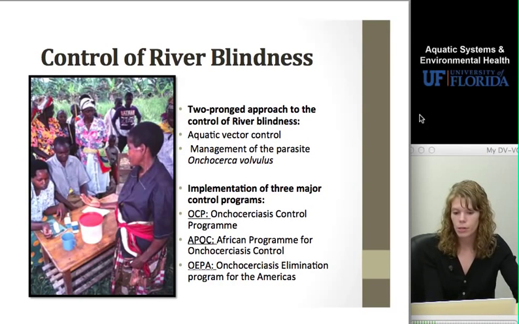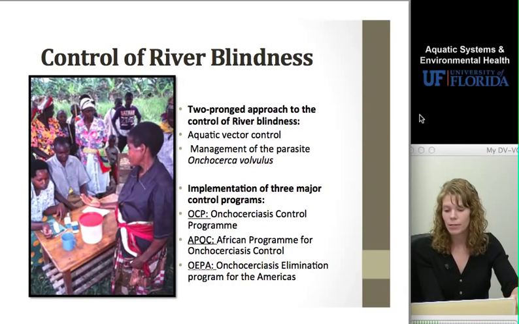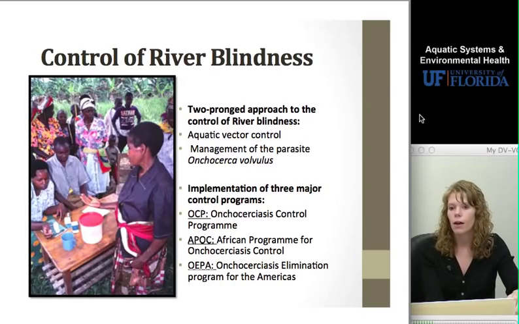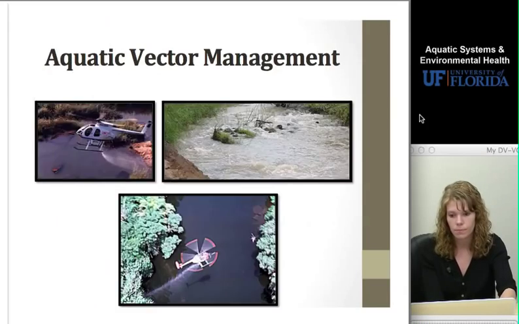And there have been 3 primary control programs: the OCP, the Onchocerciasis Control Program that ran from 1975 to 2002, the APOC, the African Program for Onchocerciasis Control, which began in 1995 and is still ongoing, and the OEPA, the Onchocerciasis Elimination Program for the Americas, which started in 1993 and is still ongoing as well.